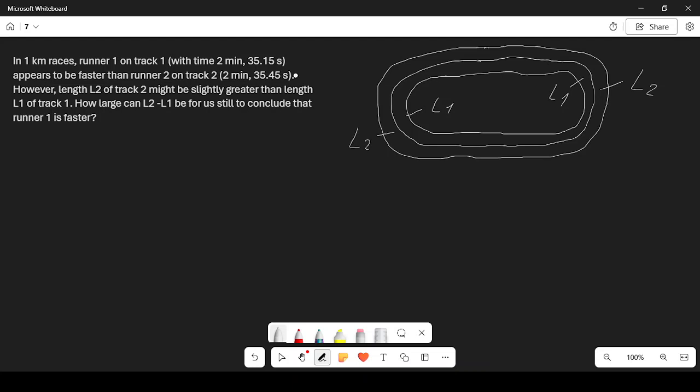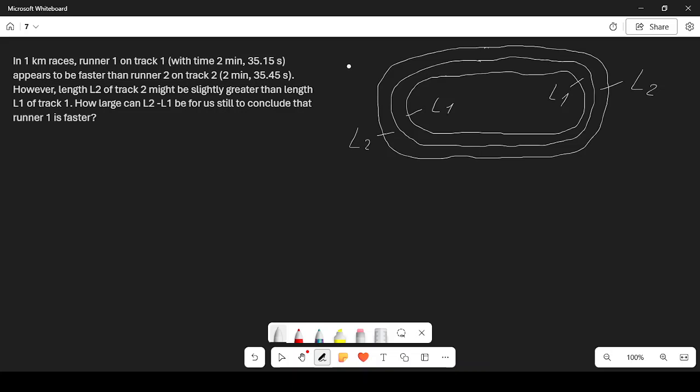He comes second after runner number 1, but maybe he comes second because he's slower, or maybe just because he should run the longer distance.